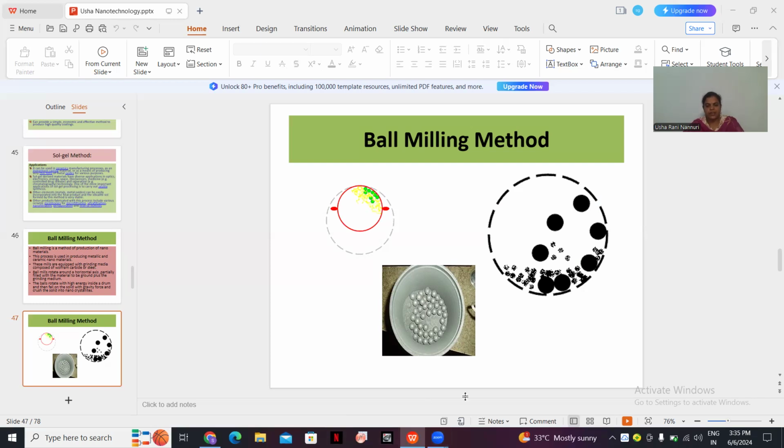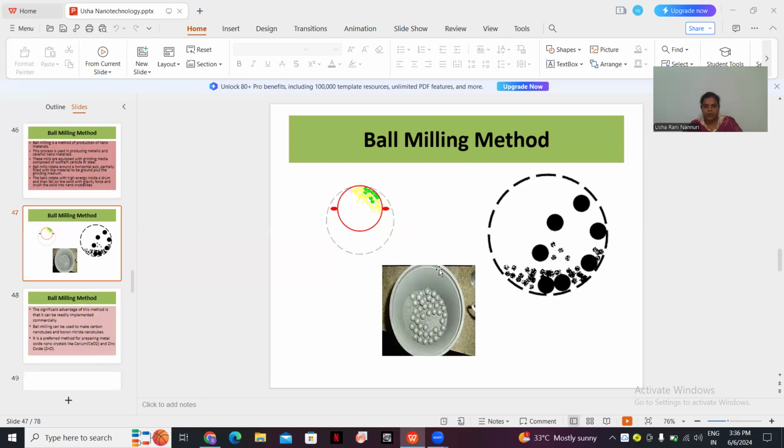To grind the crystals, it takes minutes to hours, depending upon the material we are putting into the rotating drum. This is the schematic diagram of the ball milling method.